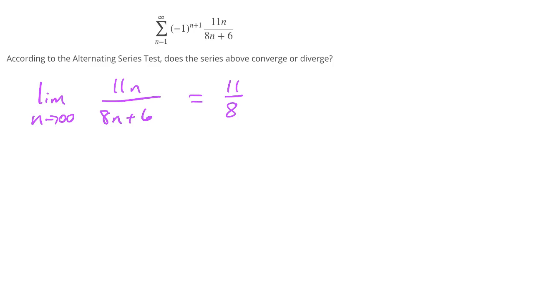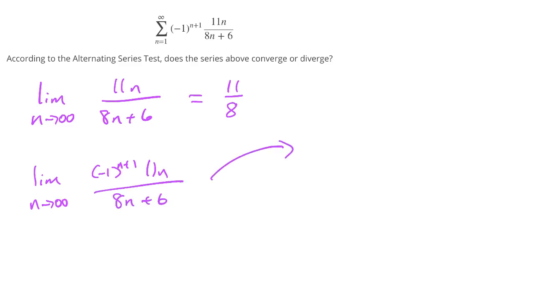What this means is that if we look at the limit as n goes off to infinity of minus 1 to the n plus 1 times 11n over 8n plus 6, two things happen.